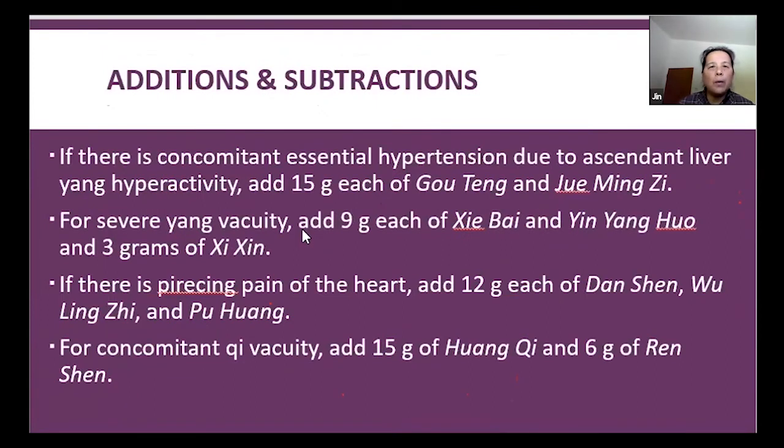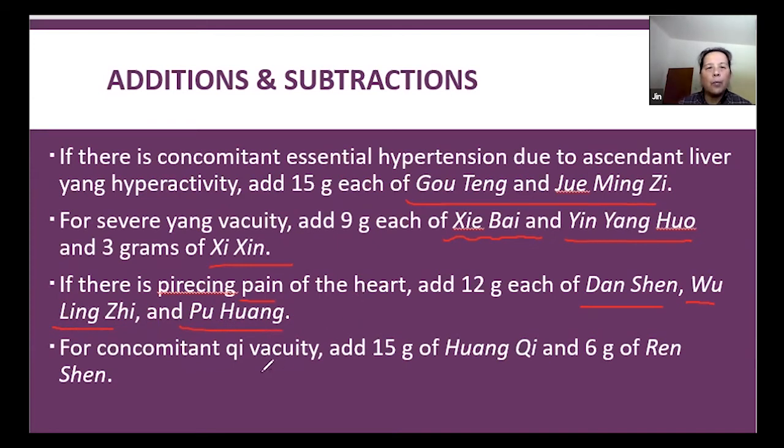And we can still modify it from here. For a liver issue, we can add 钩藤 and 决明子. For severe yang deficiency, we add 薤白 and 淫羊藿, which we talked about already, and 细辛. For severe pain, we add 丹参、五灵脂, which move blood, and 蒲黄, which moves blood.